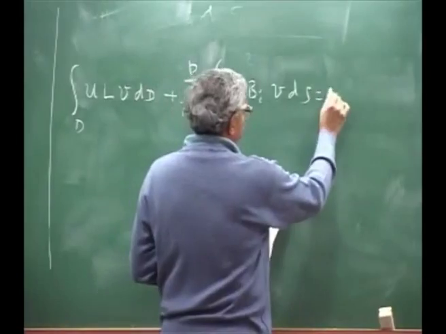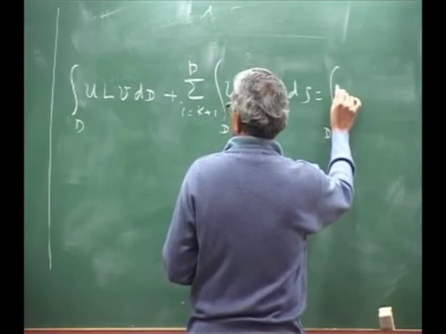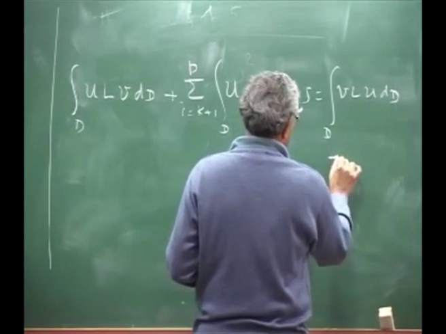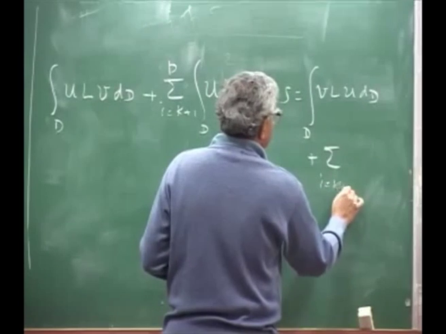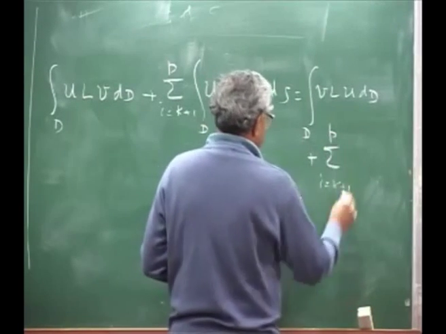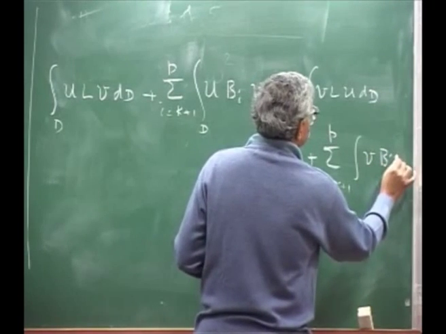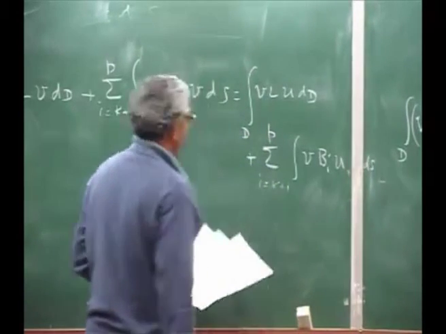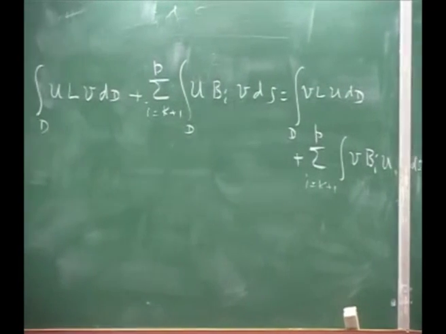We wrote this is equal to, again, integral of V L U d domain plus summation k plus 1 to p V B i U d S. Okay. We wrote earlier this because now they are self-adjoint.